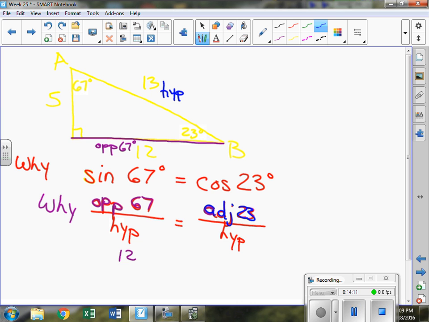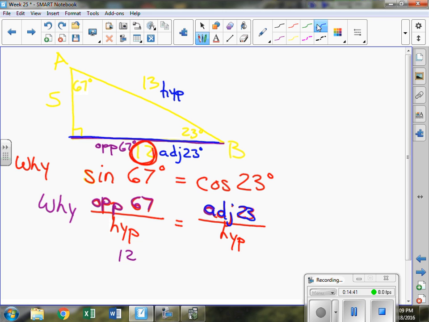Which leg is adjacent to the 23-degree angle? It's right here. And so in both of these, opposite to 67 is talking about this number 12. Adjacent to 23 is also talking about this side length 12.